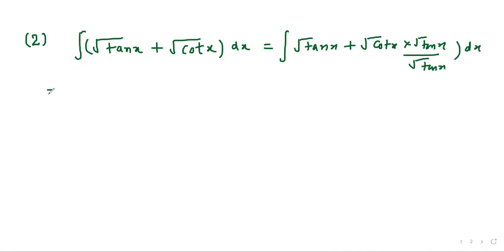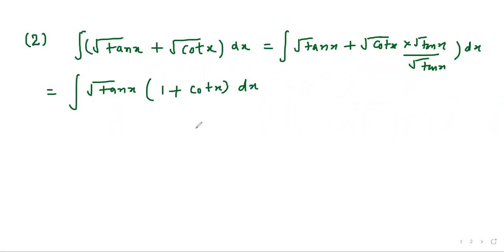Now we take root of tan x common, root of tan x, then root of cot x, and this root of tan x will become 1 upon root cot x, so that will become cot x. So 1 plus cot x dx.